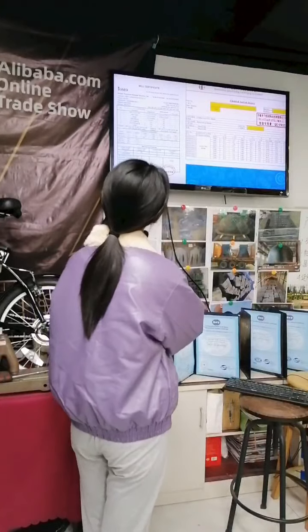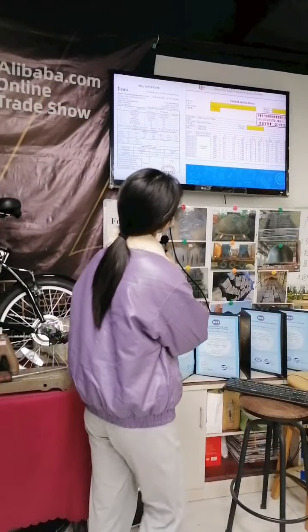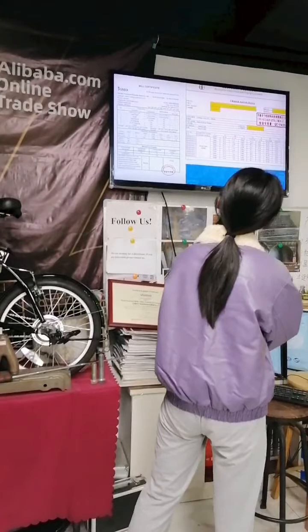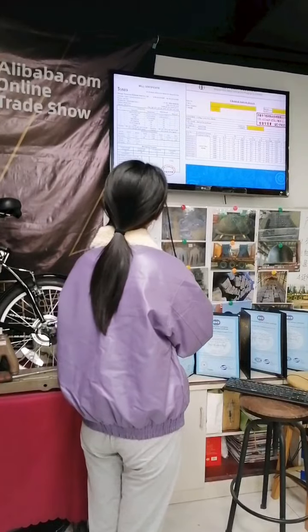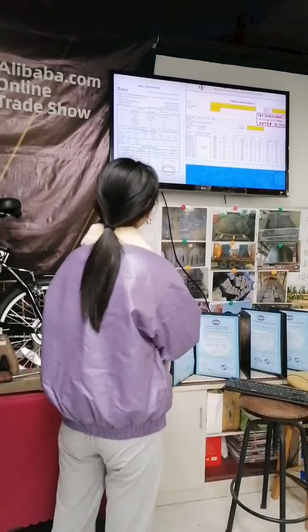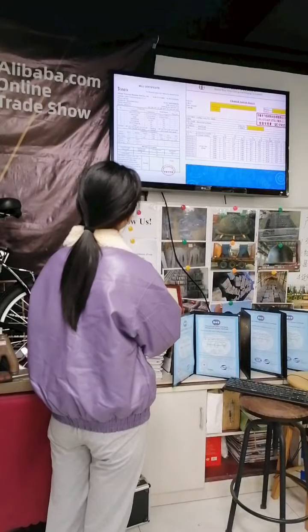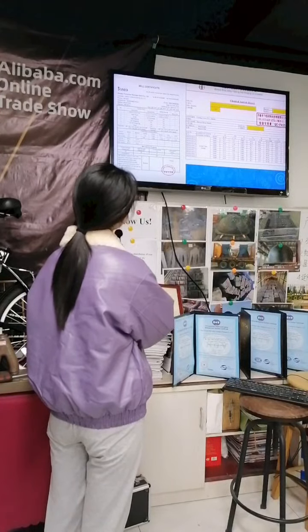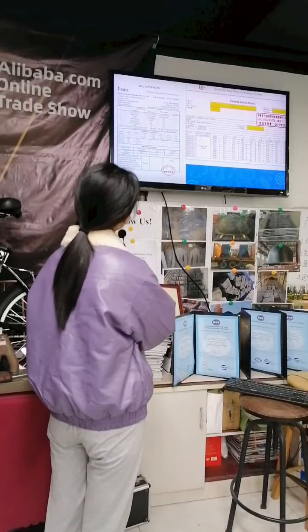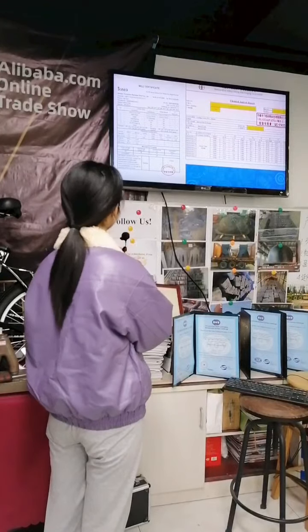You can ask us because we have the mill certificate and the chemical analysis report. If the chemical composition is the same as your products, you could contact us.